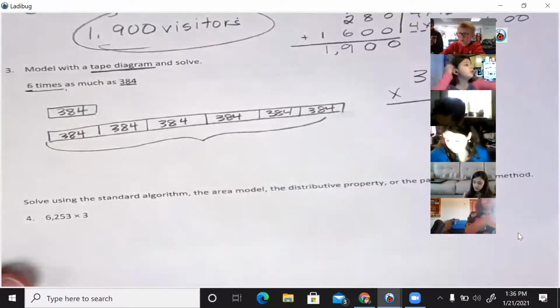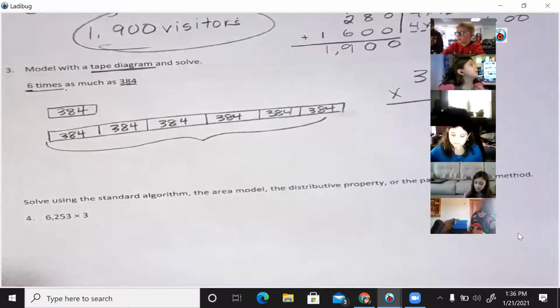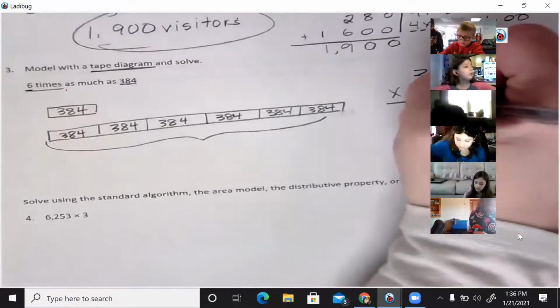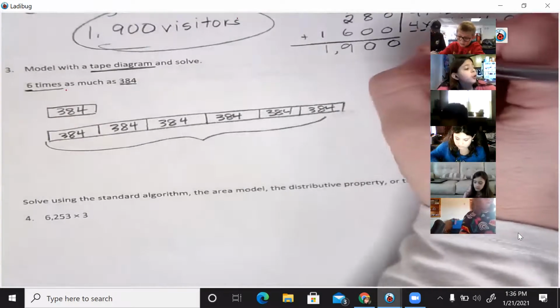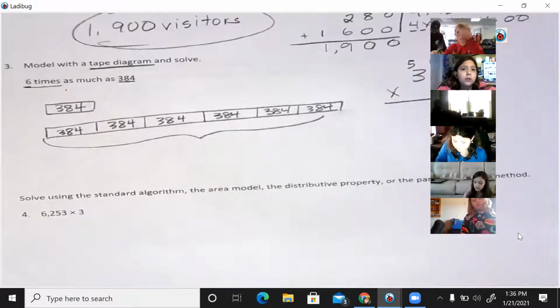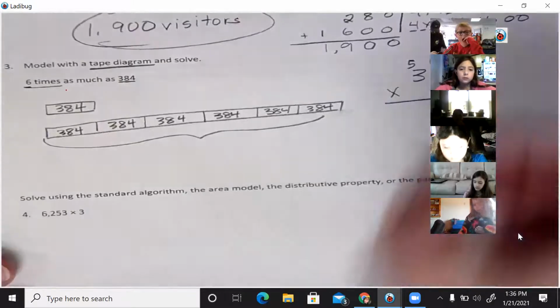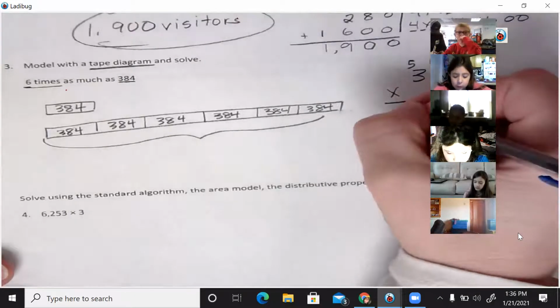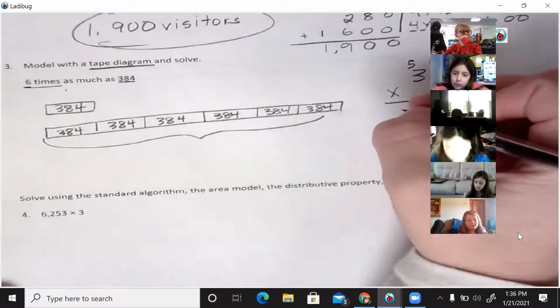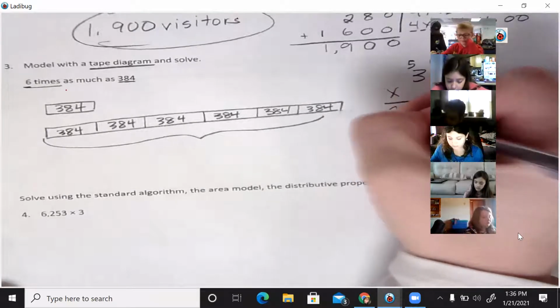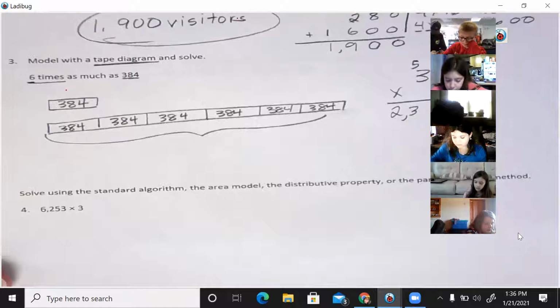Then what do you do with the 2 that we carried? You add it to your answer, and so you put down a 0 and carry your 5. And so then you do 3 times 6, which equals 18, but you add your 5, and so 18 plus 5 equals 23. So you put down your 3. Well, then you put down 23.